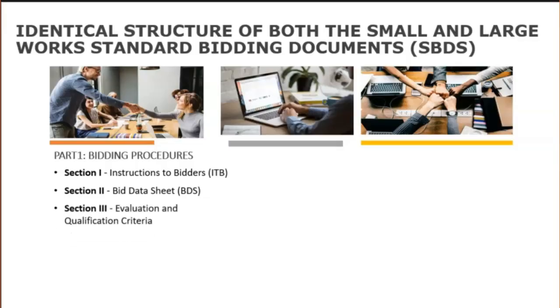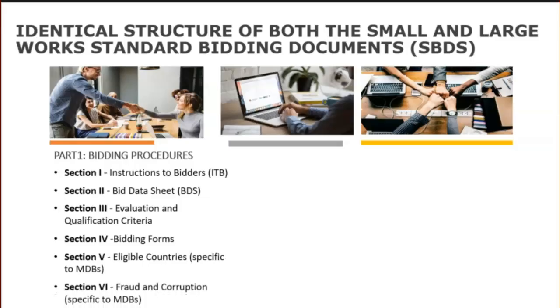In section 3, we have evaluation and qualification criteria. In section 4, we have bidding forms. In section 5, we have eligible countries. This is specific to multilateral development banks. And in section 6, we have fraud and corruption, also specific to multilateral development banks.